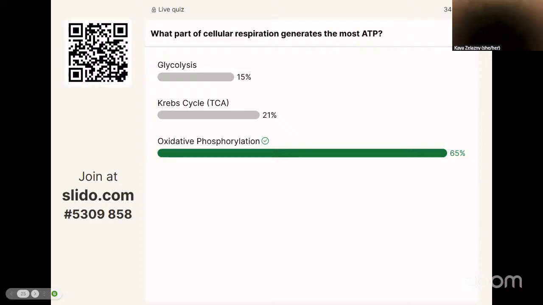After our electron transport chain and the acceptance of that last electron by oxygen, we have our hydrogen atoms or protons flowing through ATP synthase into the mitochondrial matrix, making us on the order of 30-ish ATP per molecule of glucose. So it's this oxidative phosphorylation step that's the big one.